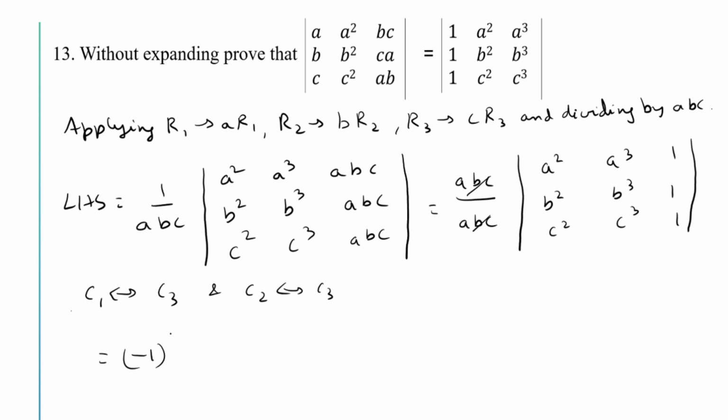Here we are interchanging twice, so we will get minus 1 the whole square into 1, 1, 1, a square, b square, c square, and a cube, b cube, c cube. So here minus 1 the whole square will be plus 1. So this is equal to the right hand side.